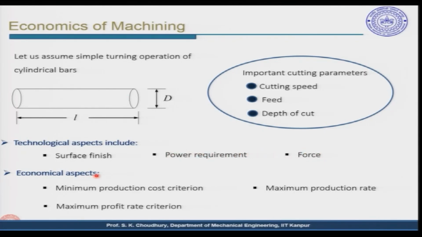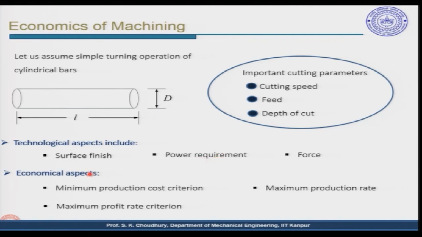But the economical aspects are the minimum production cost criteria, maximum profit rate criteria, and maximum production rate criteria. So, if we know the important cutting parameters from the machining that we have already discussed, we have discussed the technological aspects, surface finish, power requirement, etc.